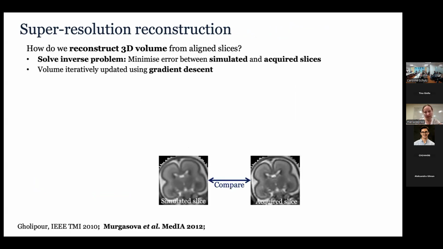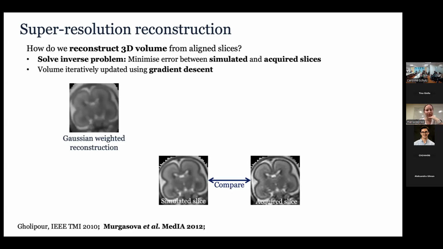This is iteratively updated using gradient descent. Gradient descent is the simplest type of method, and it's easy to understand, but we've been thinking that maybe more advanced optimization would reduce the artifacts that we get. So it's easiest to start with, but it's not the most optimal.